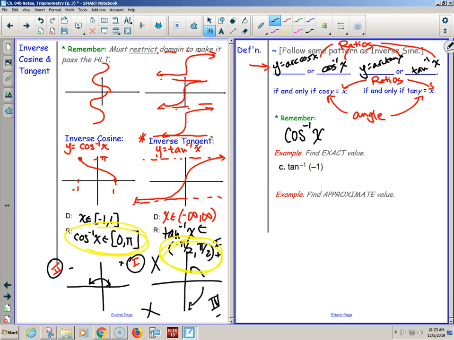Inverse. How do some of you read this? Cosine to the power of -1. But to the -1 power, you flip it. That should be right.